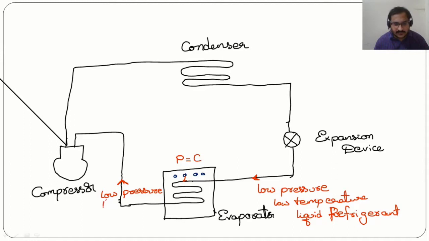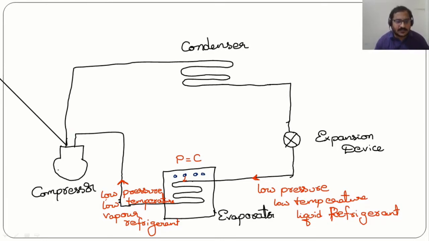So let us say for instance there is same temperature, so low pressure, low temperature vapor refrigerant comes out from the evaporator and enters into the compressor.